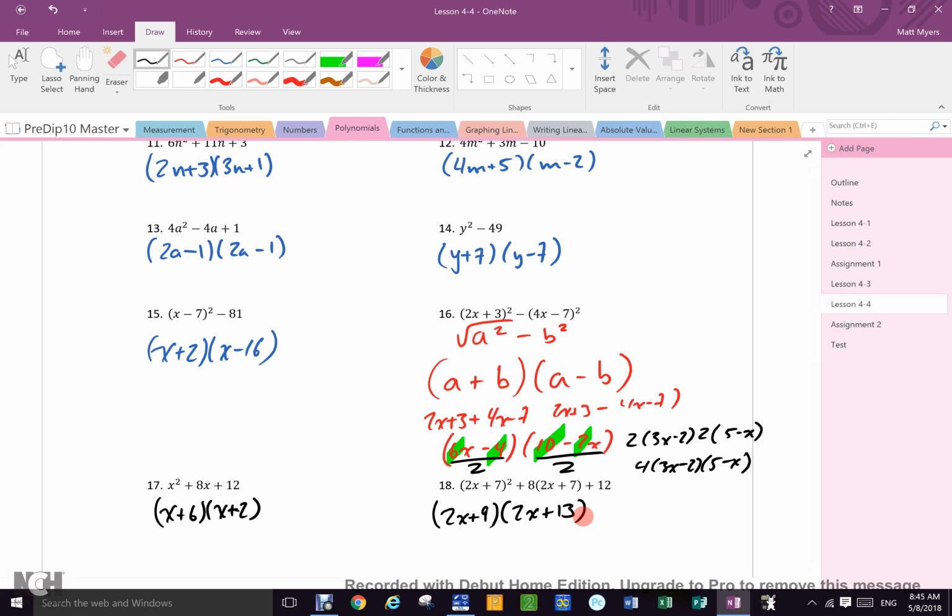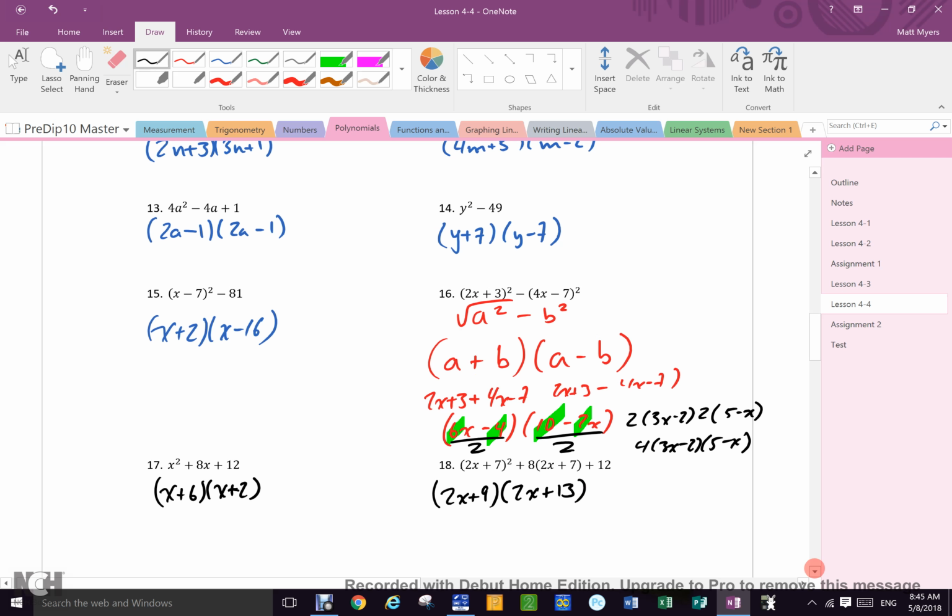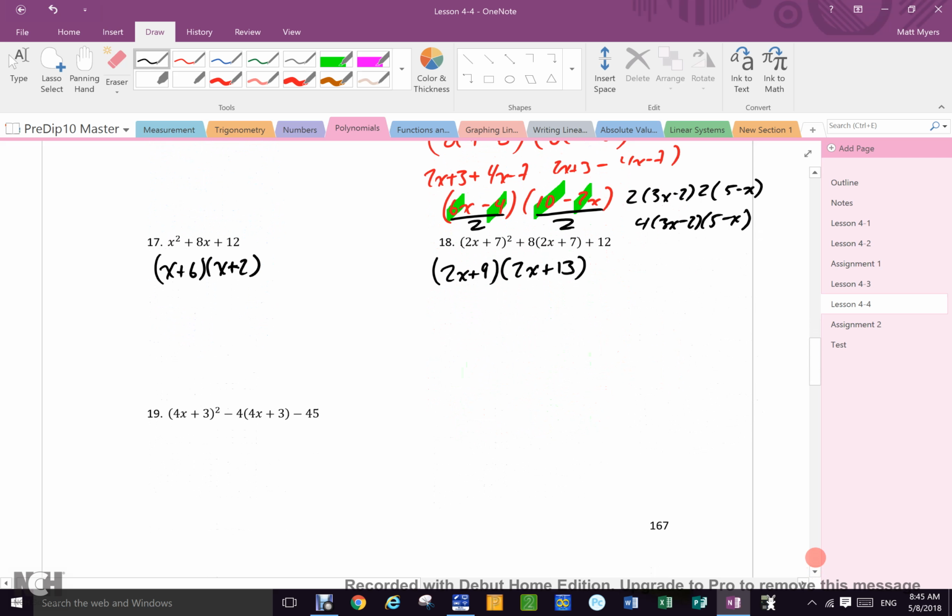Because it would be 2x plus 7 plus 2 and 2x plus 7 plus 6. Can you go through the process of that? Plus 7 is common, but how do you get to that? Okay. Those two are the same, right? So isn't that the same as saying lightning bolt squared plus 8 lightning bolt plus 12?